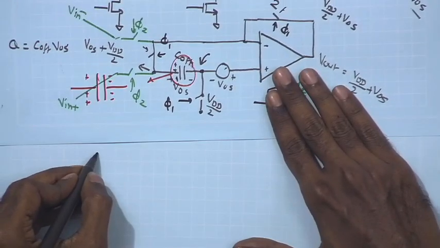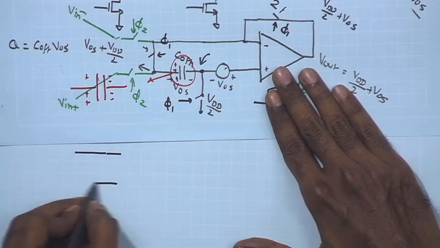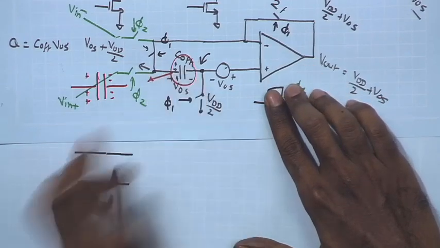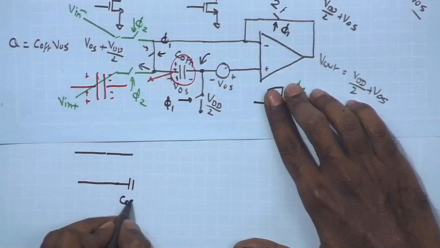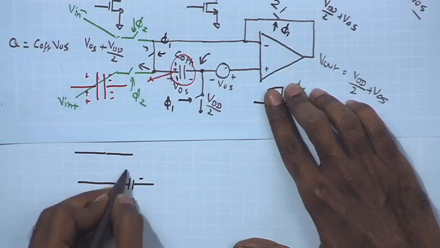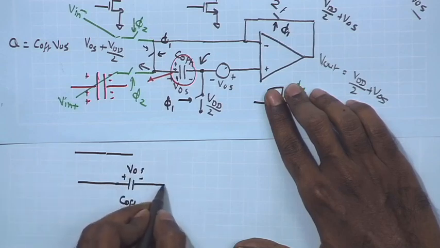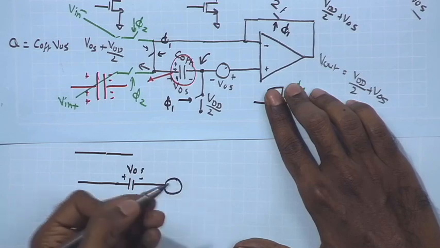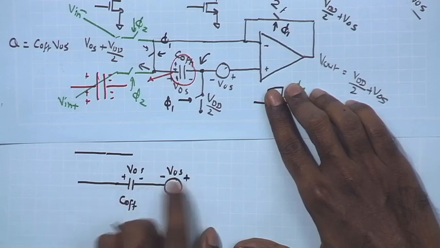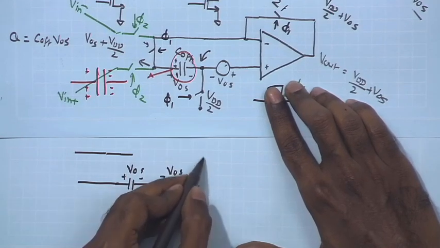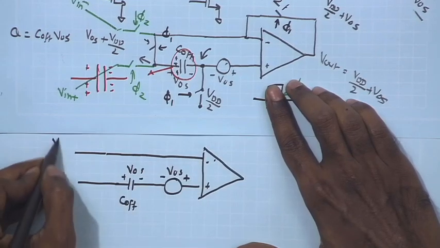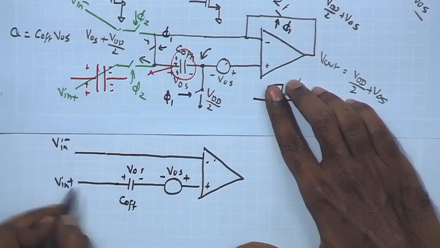So, you have the inputs getting applied to the negative and positive terminal of the amplifier, but in the positive terminal I have this C offset coming in, which has V offset voltage stored across it, and then you have the actual offset voltage of the amplifier with polarity given by plus minus V offset over here, and then you have the positive terminal, negative terminal directly connected to say V in minus, and you have V in plus, and this is the output.